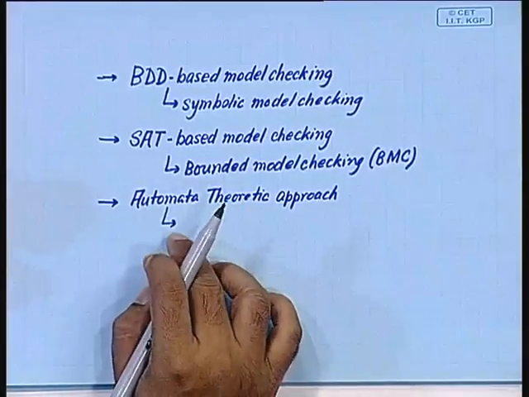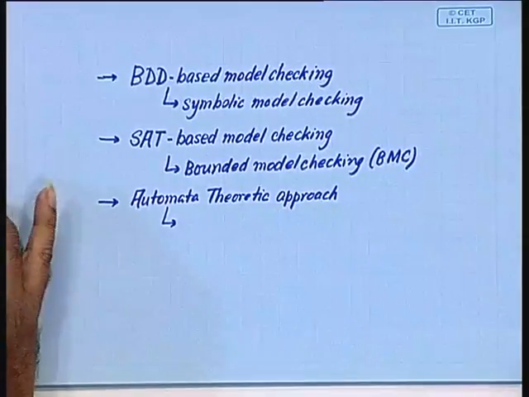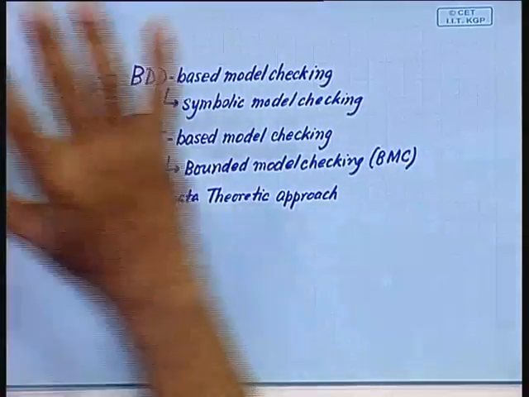For example, what people do here is that you take the property, you take the Kripke structure, and then instead of computing the product, you compute the product on the fly.